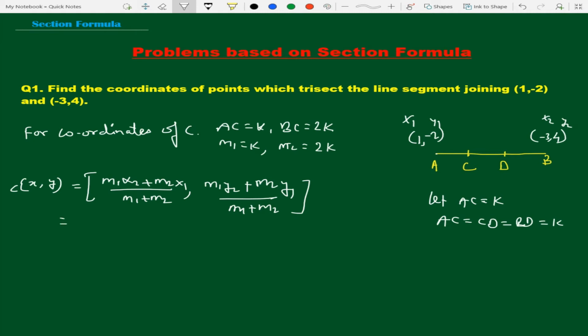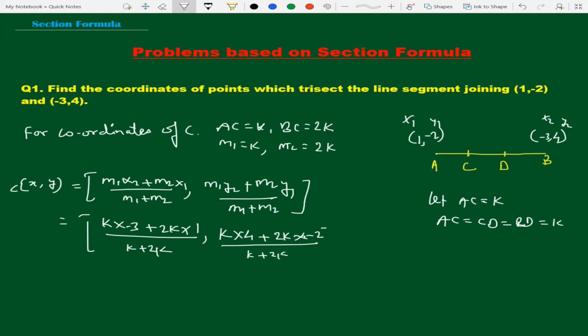Now value of m1 is k and x2 is -3, plus m2 is twice of k and x1 is 1, upon k plus twice of k, comma k into y2 of 4 plus m2 is twice of k and y1 is -2, upon k plus twice of k.